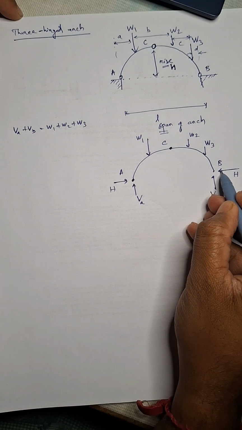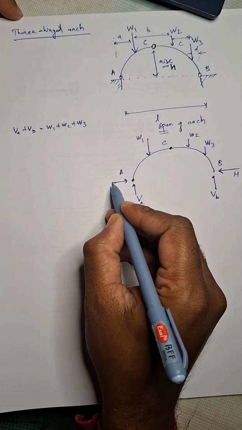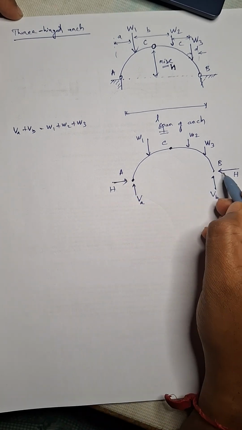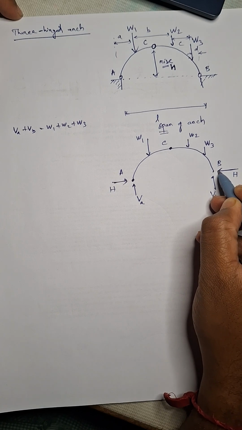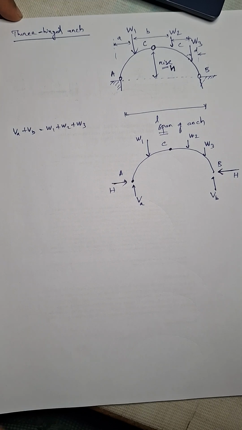As we are restricting the horizontal movement also, the reaction generated at support A must be equal to the reaction generated at support B but opposite in direction, then only the equilibrium will be maintained.